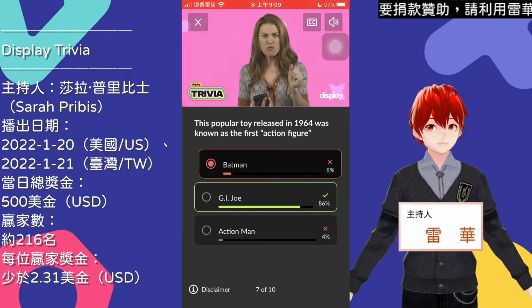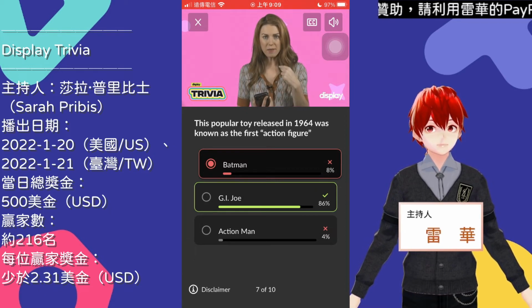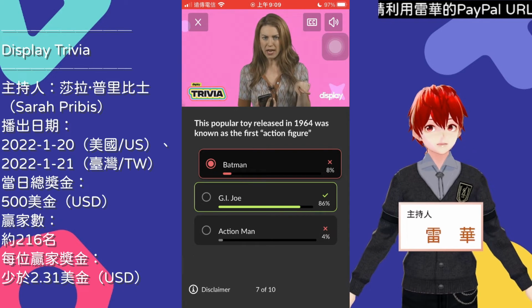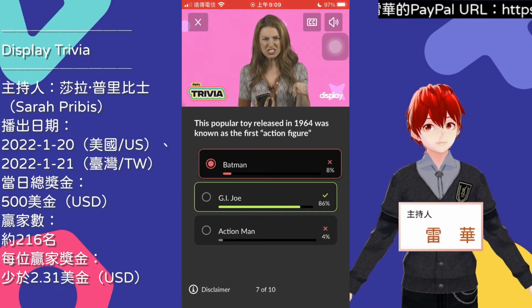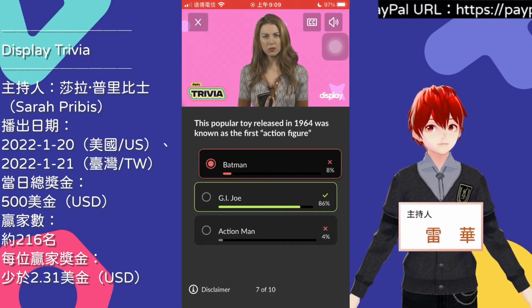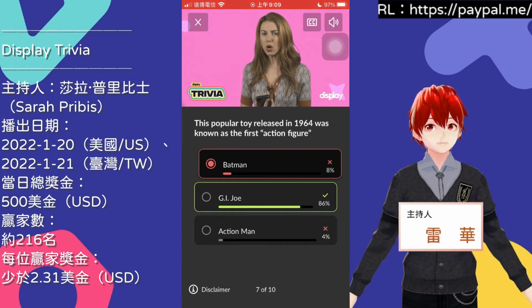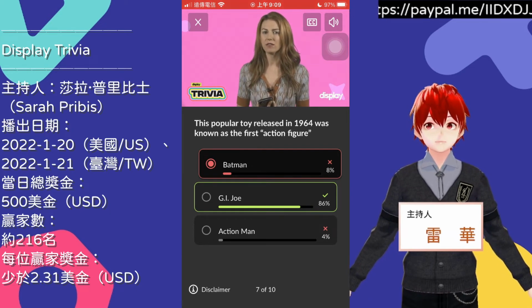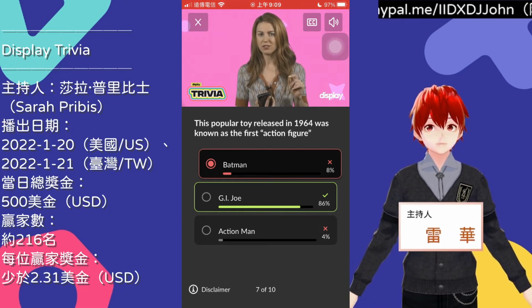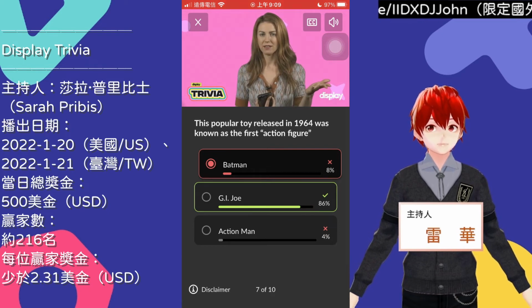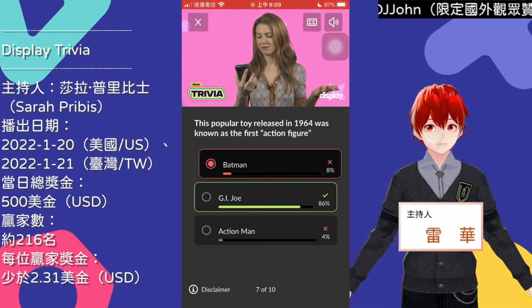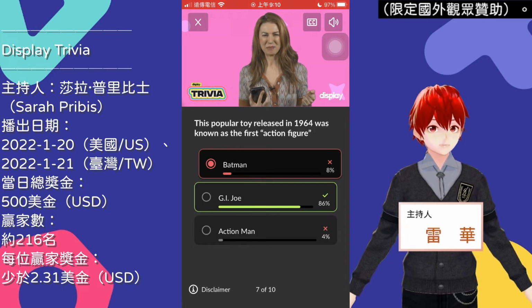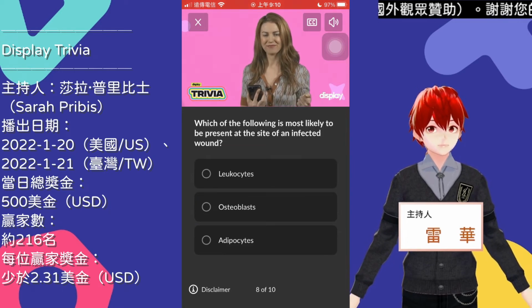What would happen then? Oh no! I am coming to the stark realization that dolls and action figures are the same. Well, who knew? And the first toy to be marketed as an action figure and not a doll was government-issued Joe, aka G.I. Joe. 86% of you really springing into action here.